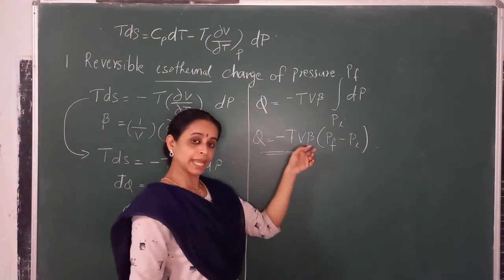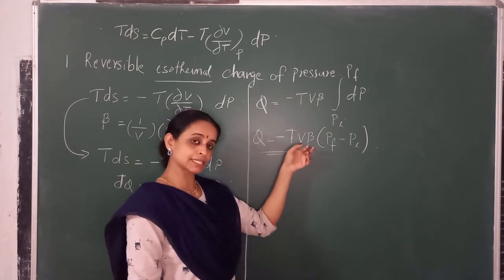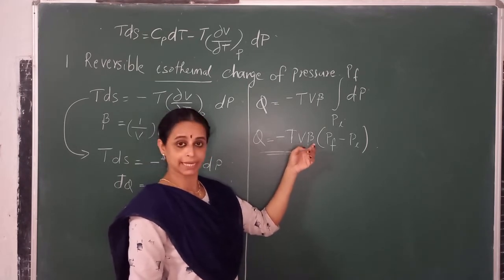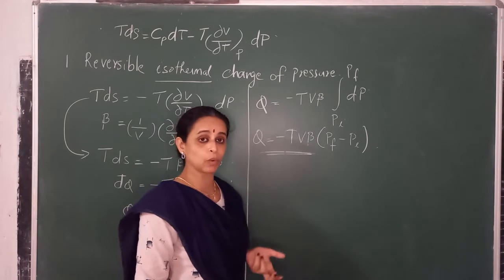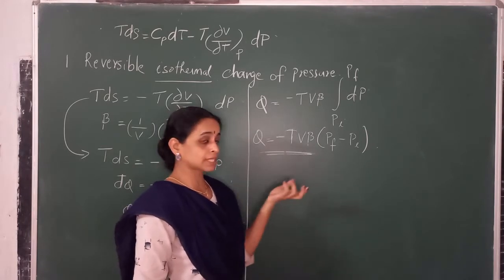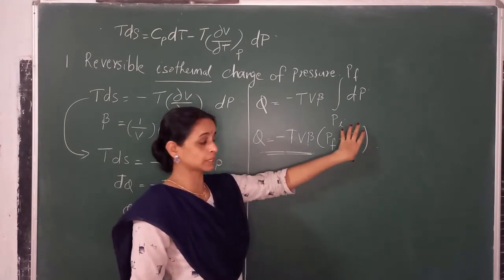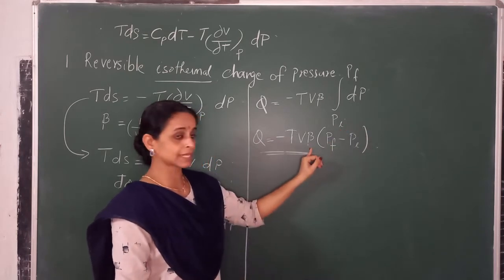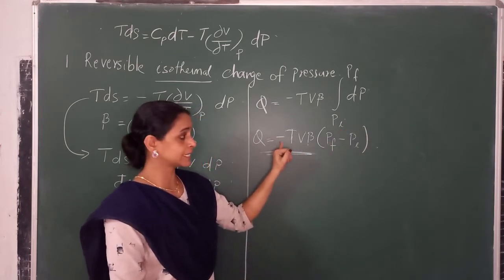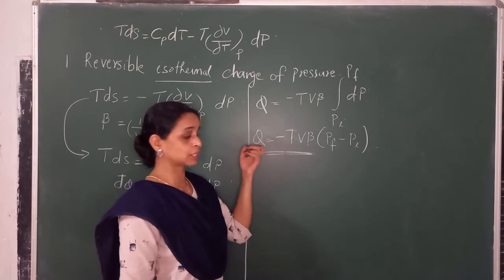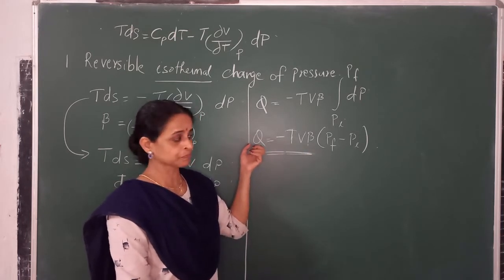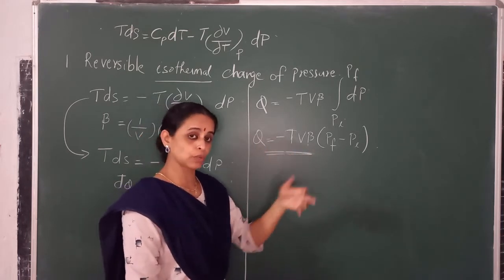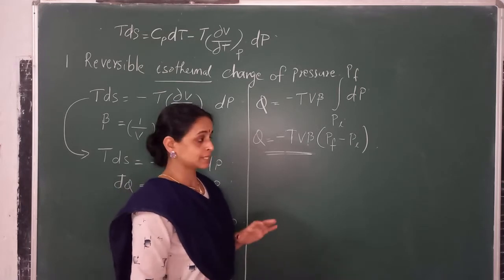If beta is negative for certain materials at certain temperatures, that is it has negative volume expansivity, then for such materials, if pressure is increasing, Q is a positive quantity, that means heat is flowing into the system.